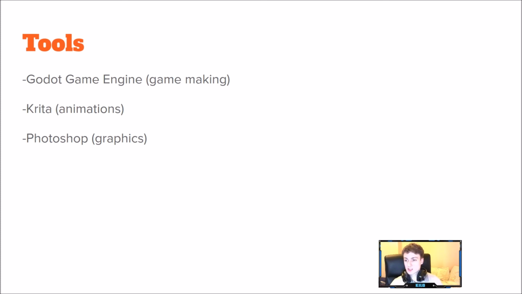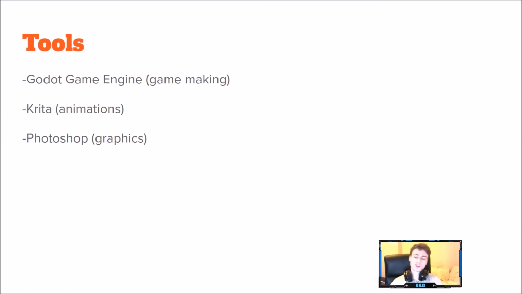For the animations, I'm going to use Krita and Photoshop for the graphics. And when I say graphics, I mean all of the environment and everything that consists the environment, also the UI and stuff like that. In Krita, the animations are referring to the character animation usually, but also some other animations of objects like a door opening and stuff like that.